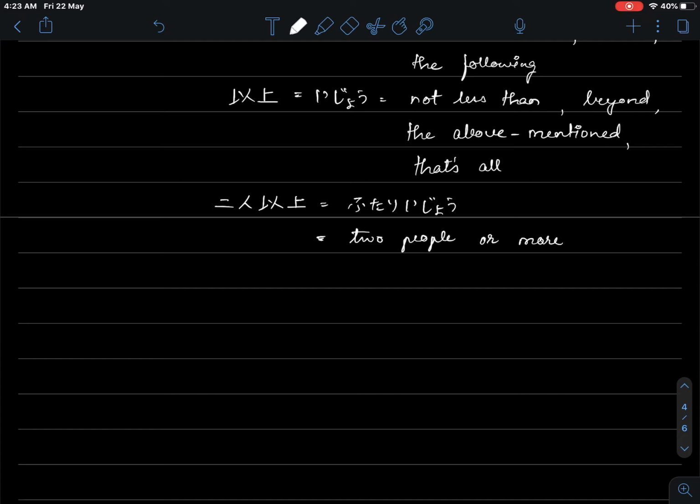Now let's have a look at another meaning.